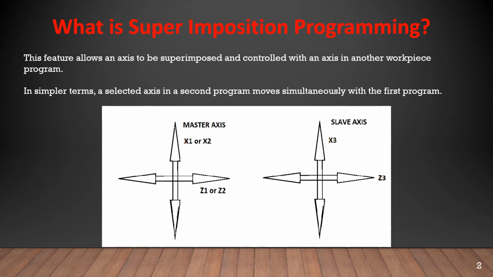So in other words, here we have the master axis, which is X1 or X2, or even in the case of the machine we're going to be talking about, the Rapido, also Y-axis. But for this, X1 and 2 we're going to use for superimposing with the slave axis, which in this case would be X3, Z3, which is our subspindle.